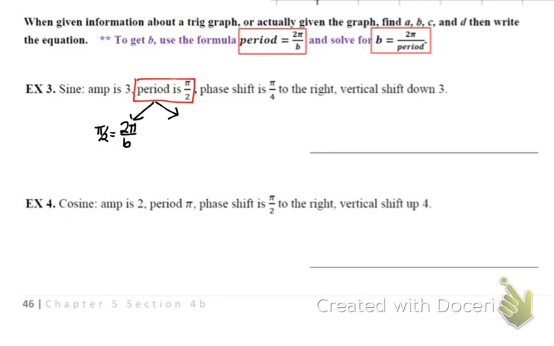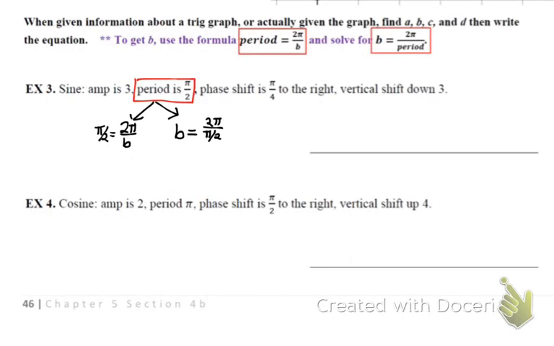Or I can shortcut it and realize that these can just swap places, and I can go right to the fact that b equals 2 pi divided by whatever period is given to me. So b equals 2 pi divided by the period, which is pi over 2.